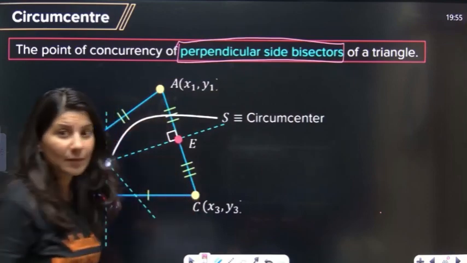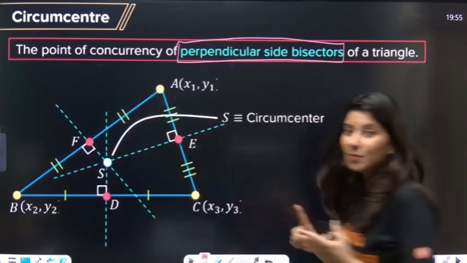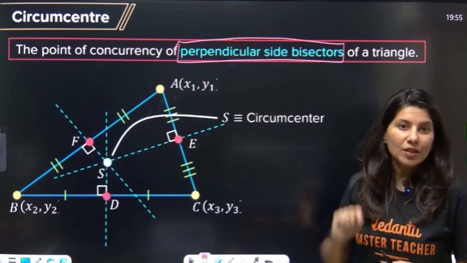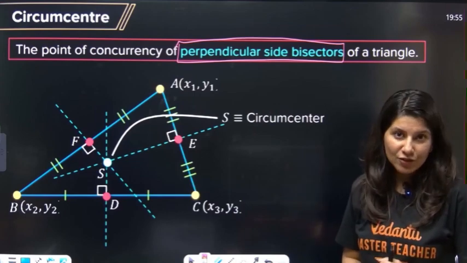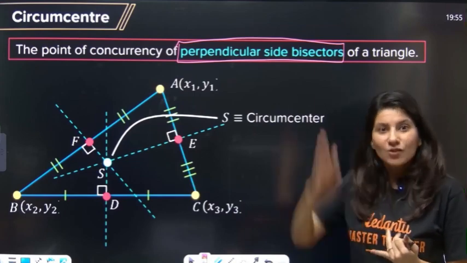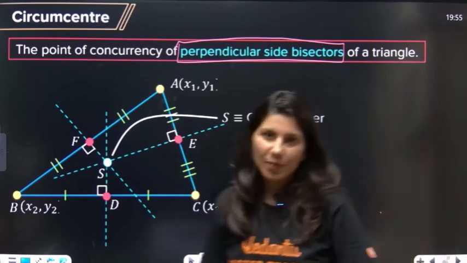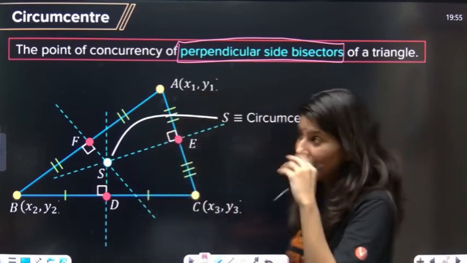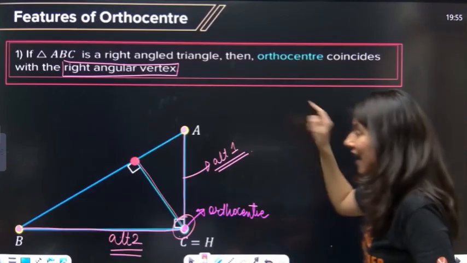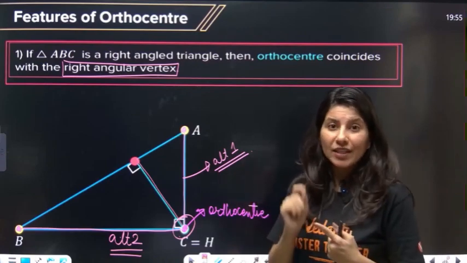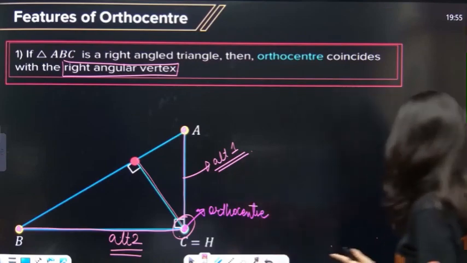Now understand. What is the difference between altitude and perpendicular bisector? What is the similarity first of all? Altitude is also perpendicular. Perpendicular bisector is definitely perpendicular. But altitude has to pass through a vertex.